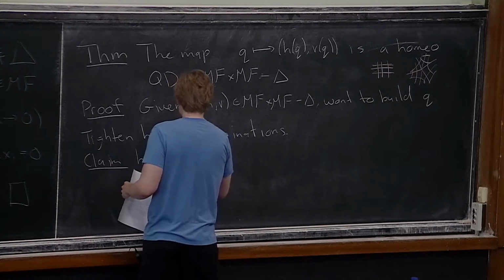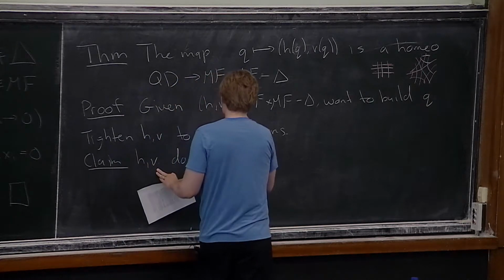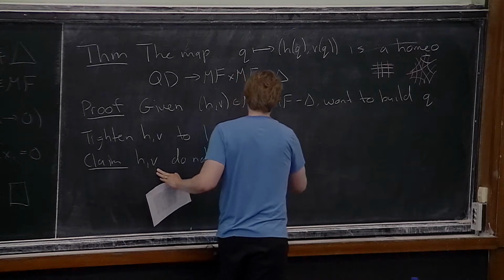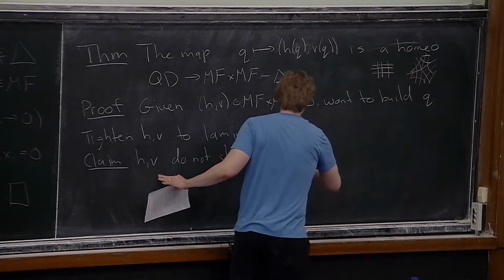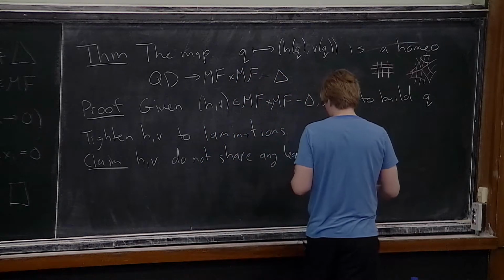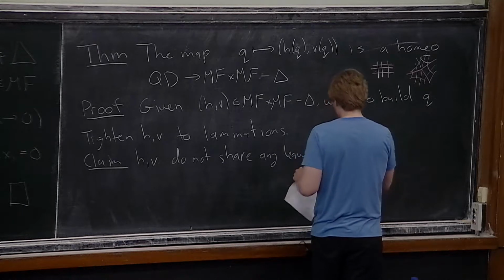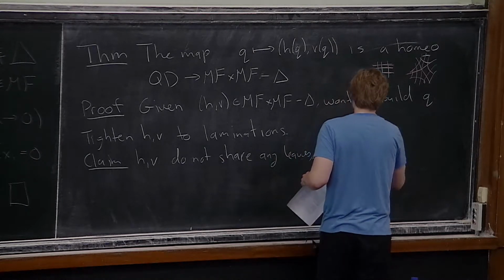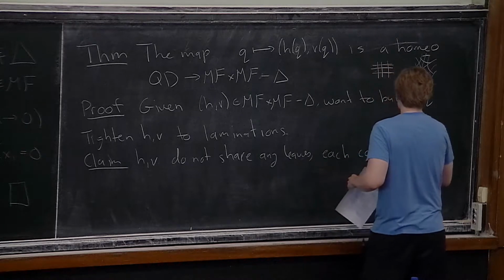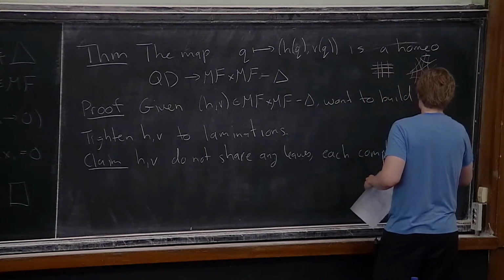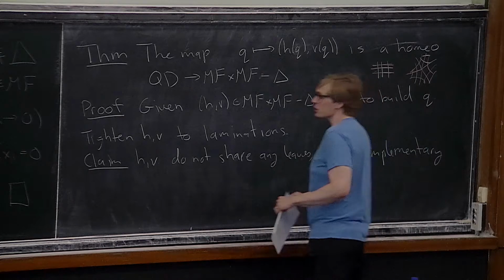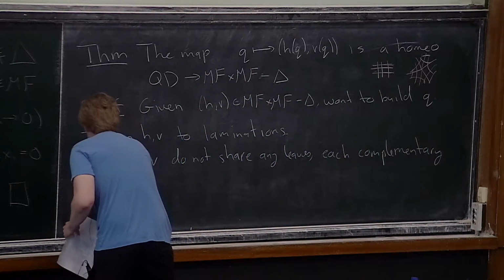So H and V do not share any leaves, and each complementary region of their union is a polygon.